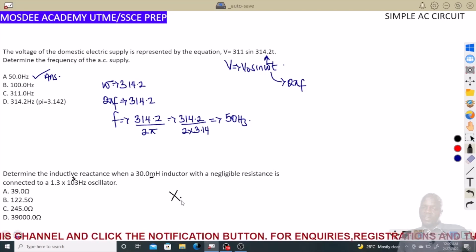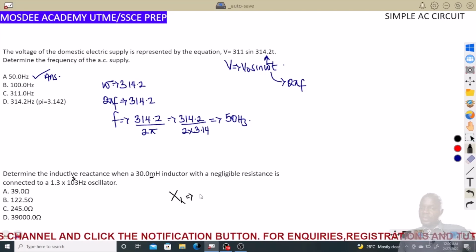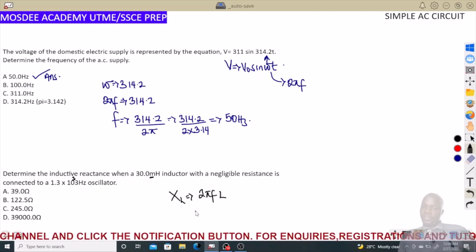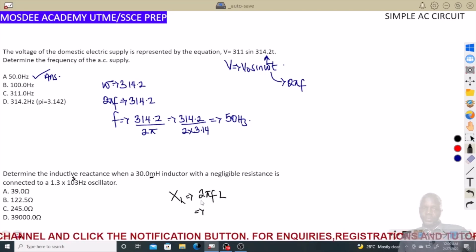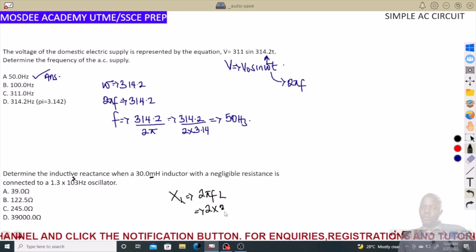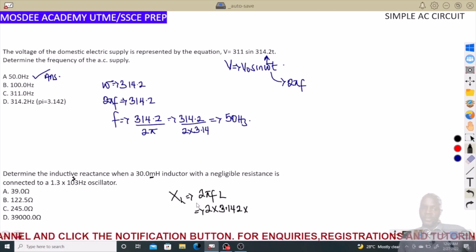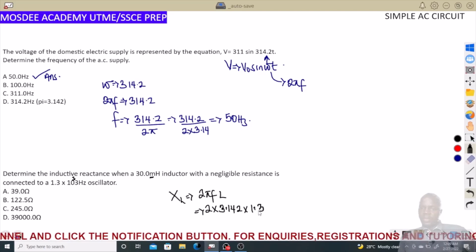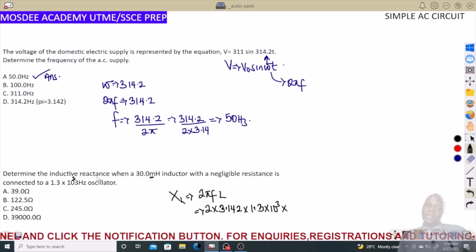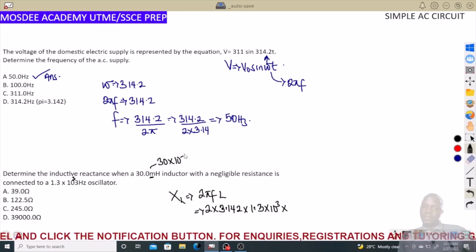Inductive reactance is written as XL, the resistance of an inductor, which is given as 2 pi f L. So on simplification, this is 2 times pi, which I'll take as 3.14, times the frequency 1.3 times 10 to the power of 3, multiplied by 30 times 10 raised to the power minus 3.